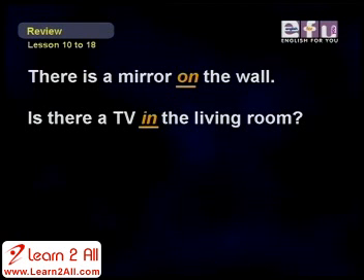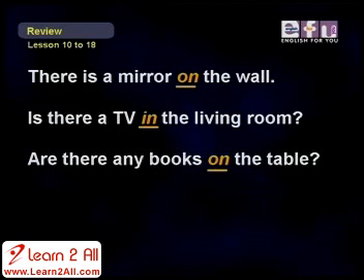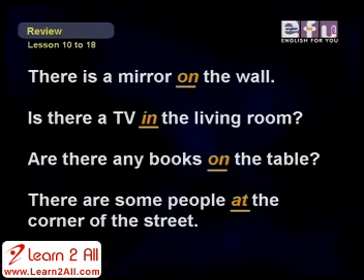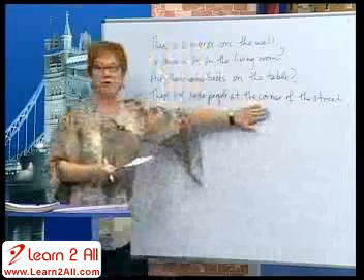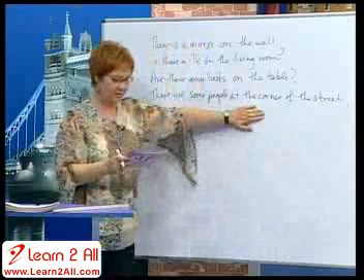Is there a TV in the living room? Are there any books on the table? There are some people at the corner of the street. So here we have a corner, at the corner of the street.